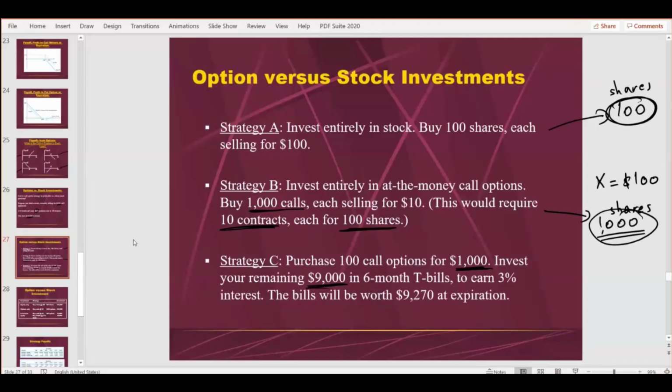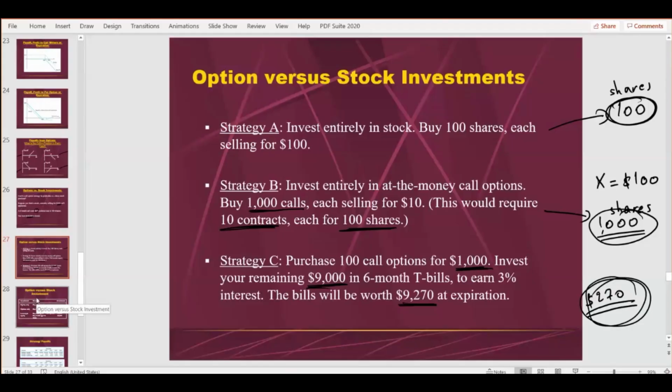Assuming that we are earning 3% interest, the bills are going to be worth $9,270 at expiry. So $270 is the return on those treasury bills. This is a guaranteed return. Whatever happens with the stock price, I will end up with this $270 on my investment in treasury bills.